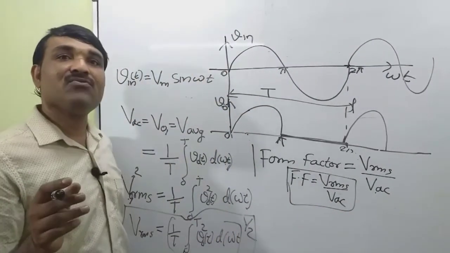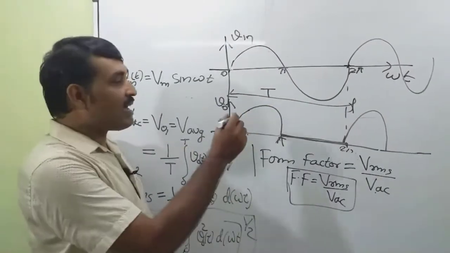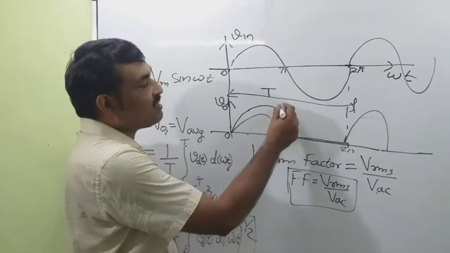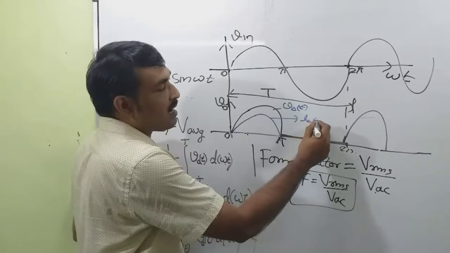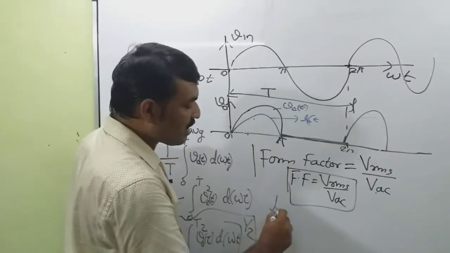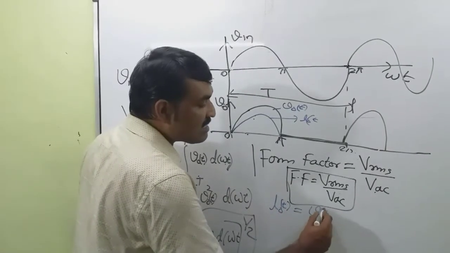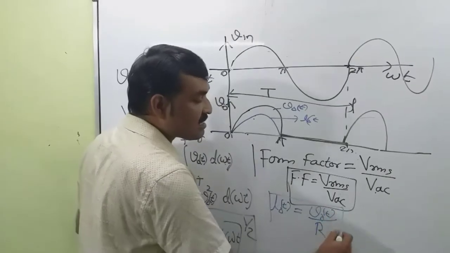Now what is the expression for current? This figure is for a resistive load, so we can draw the current waveform, that is, the output current waveform is in phase with the output voltage. This is output voltage and this is output current. So both are in phase. So we can find the output current i of t, that is equal to output voltage divided by R. This is for a resistive load.